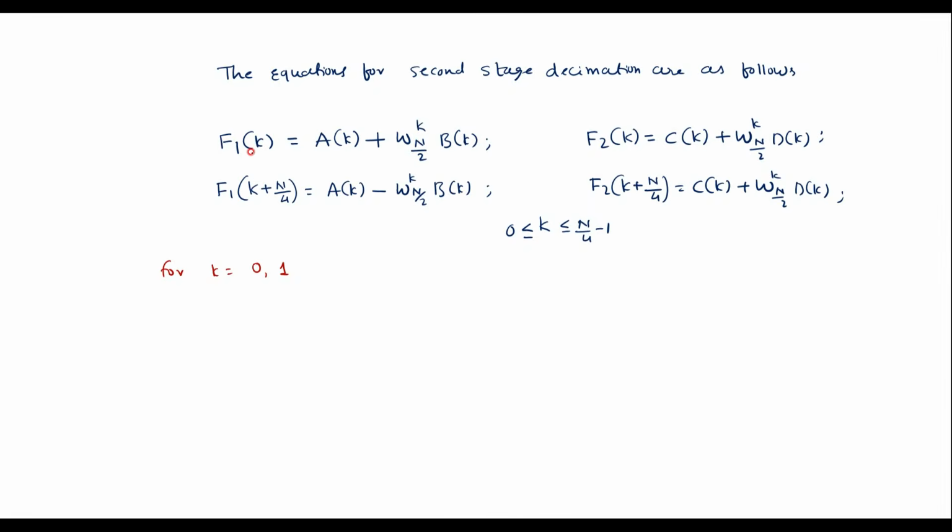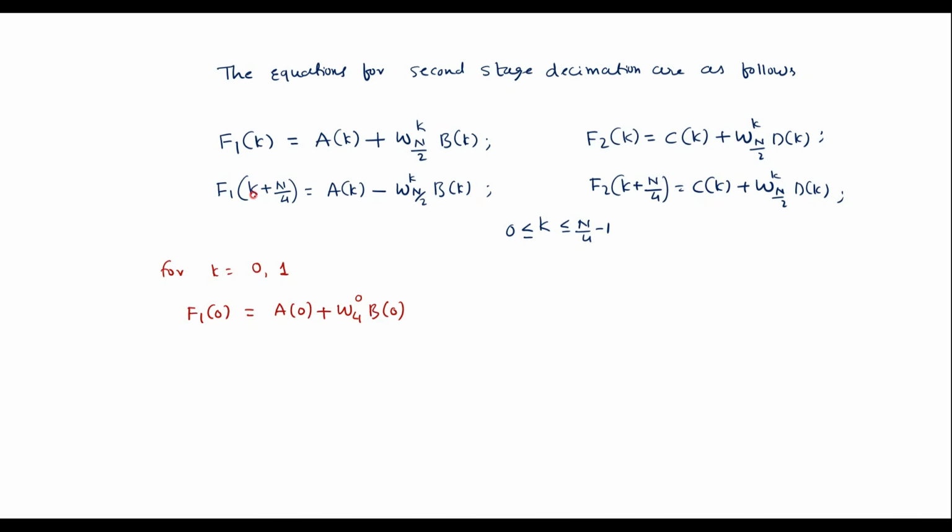So for k equal to 0, this equation can be represented as f1 of 0 is equal to a of 0 plus w4 of 0 b of 0.